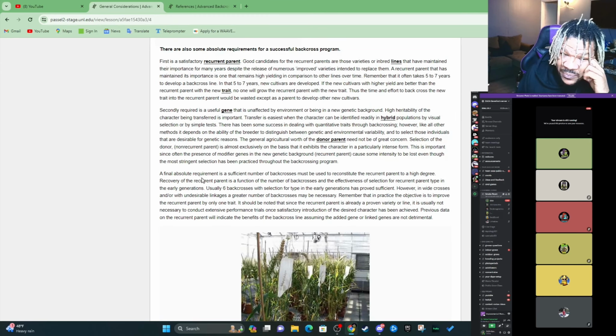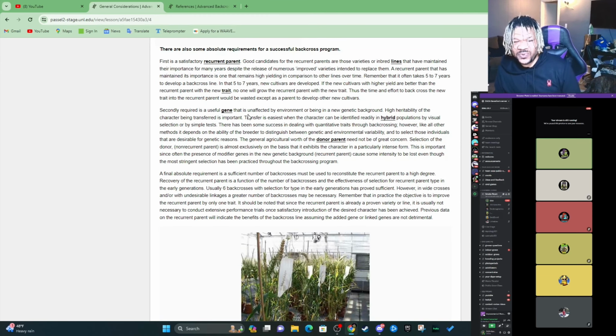Secondly, required is a useful gene that is unaffected by environment or being in a new genetic background. High heritability of the character being transferred is important. Transfer is easiest when the character can be identified readily in hybrid populations by visual selection or by simple tests.